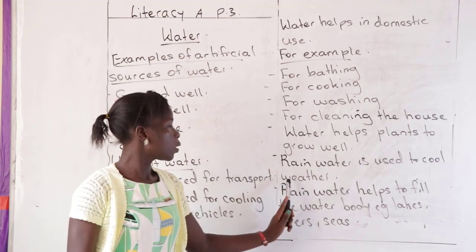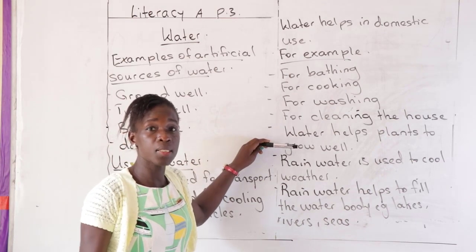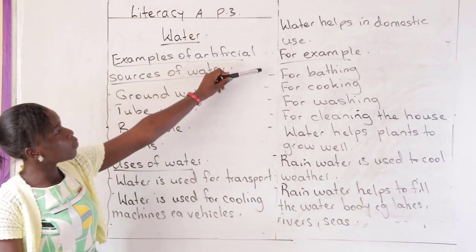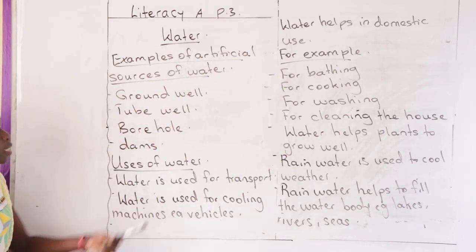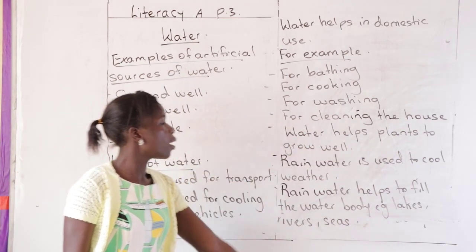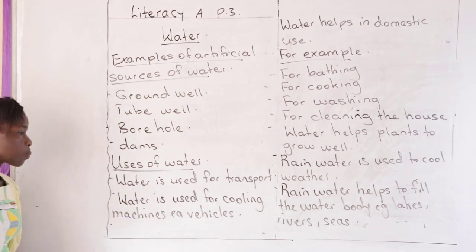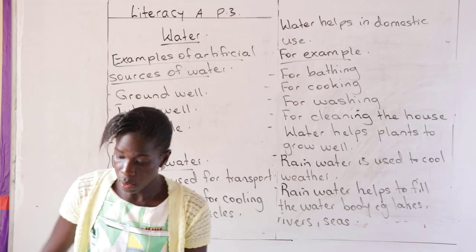Rainwater is used to cool the weather. Water helps plants to grow well, it helps in germination, even in photosynthesis. Then water helps in domestic use, at home, for example, for cooking, for bathing, for washing, for cleaning the house, and many others. Then water is also used for transport. Water is also used for cooling machines, for example, the vehicles.